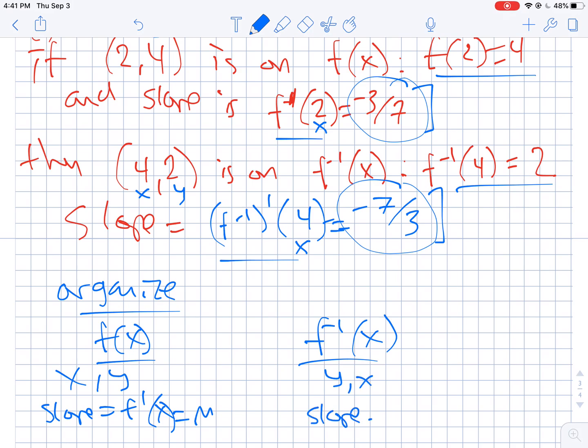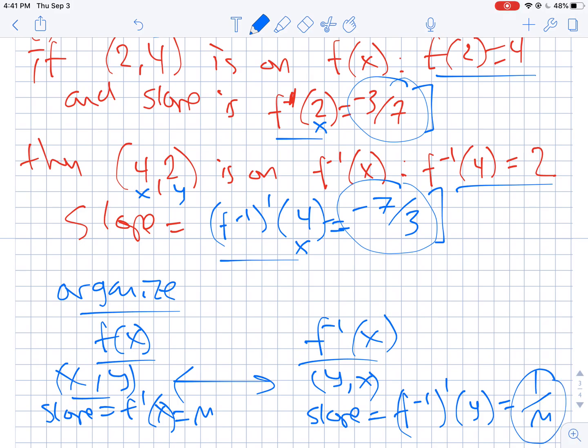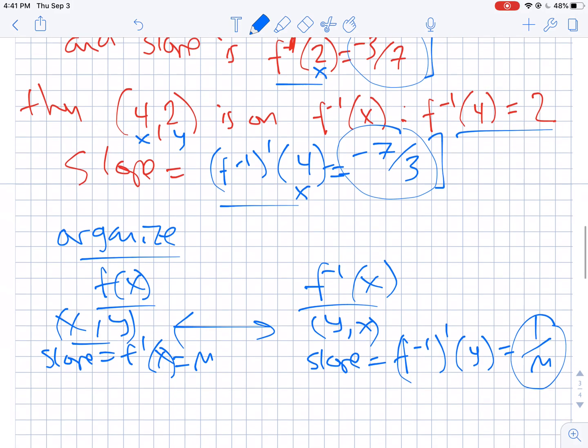My slope is a reciprocal, so the inverse prime at y is 1 over m. It's the reciprocal of m. Once I know these relations, I can fill in the missing parts. If I know that (x, y) is (2, 3), I know the other point is (3, 2). If I know this slope here is 7 over 4, I know the other slope is 4 over 7.